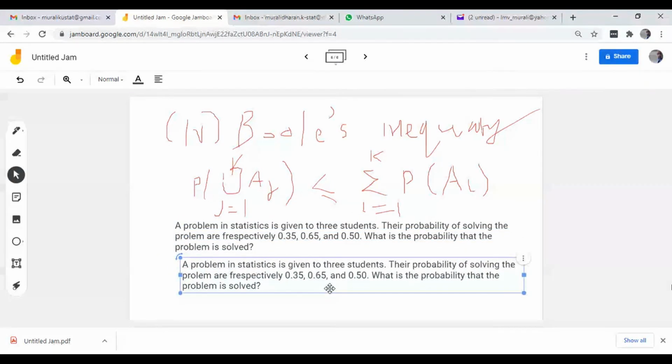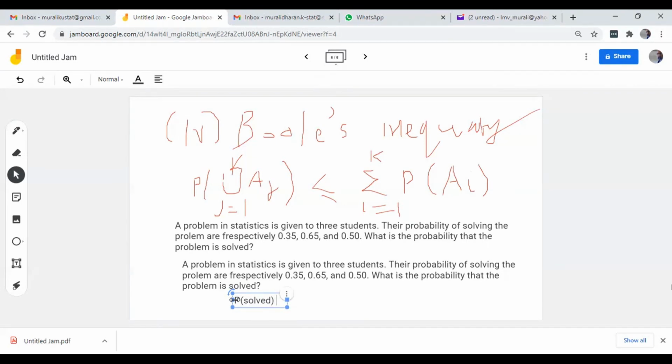Okay, let me answer this first question. Let me give the hint. Three students are trying a problem in statistics independently. Their probabilities of solving are respectively 0.35, 0.65 and 0.50. What is the probability that the problem is solved? Probability that the problem is solved plus probability that the problem is not solved is definitely equal to 1.